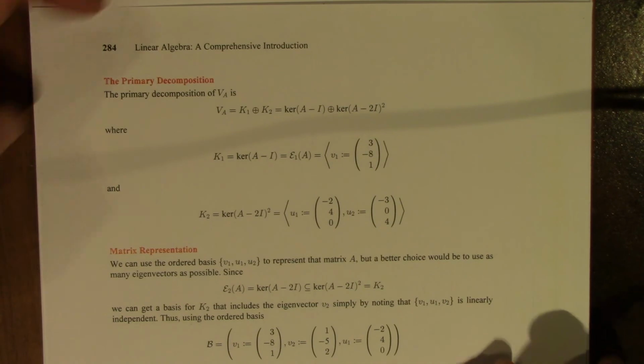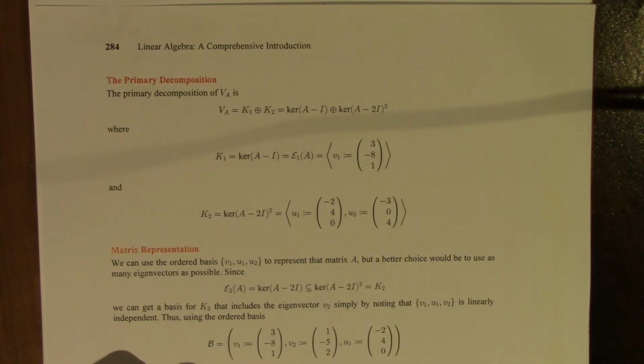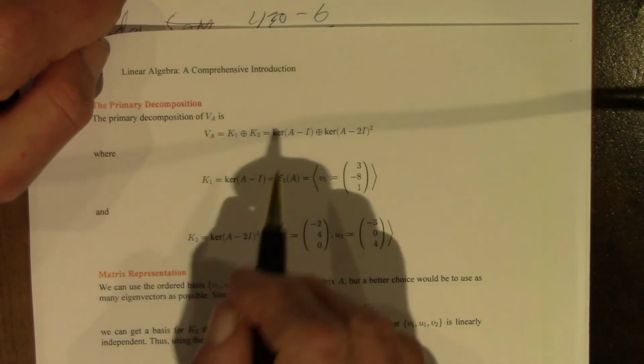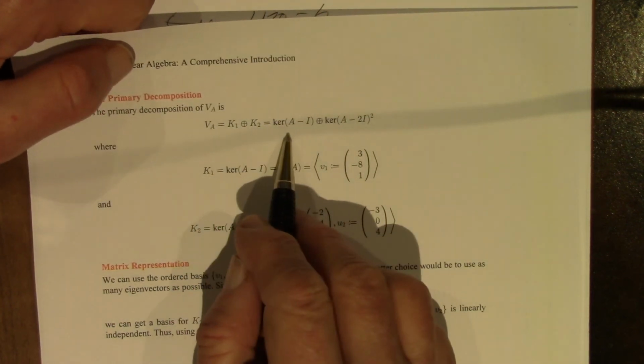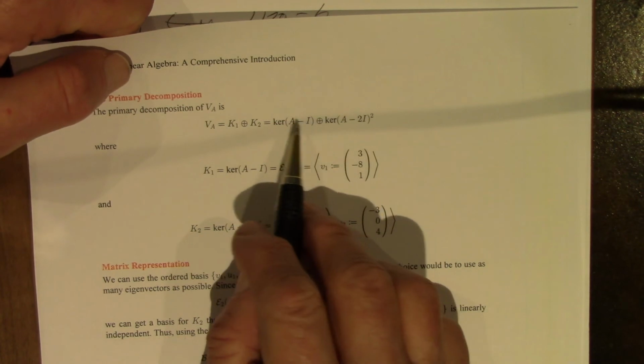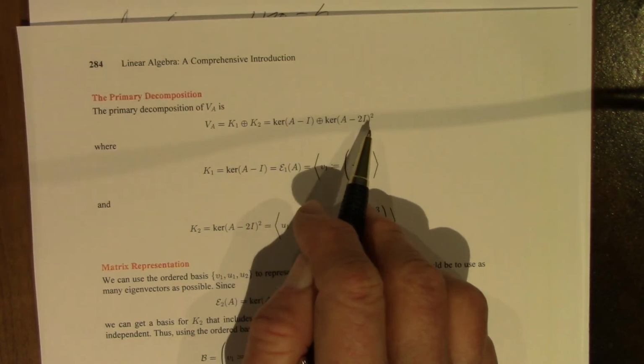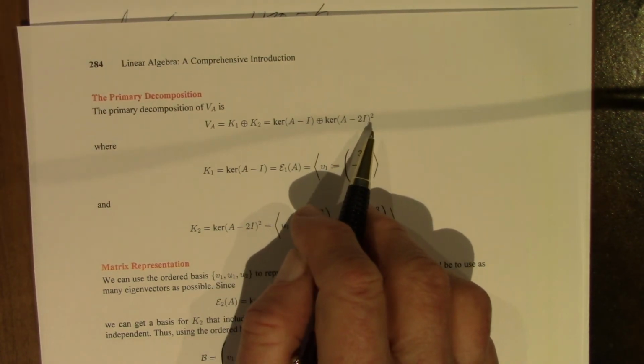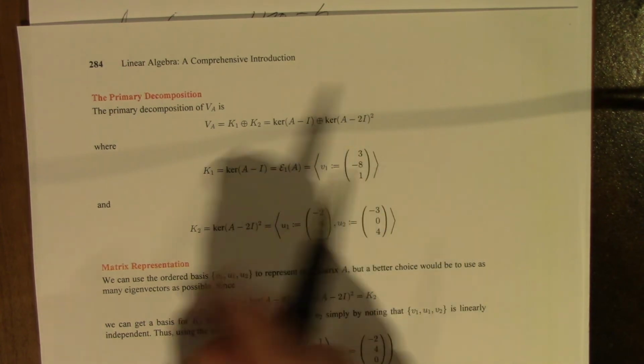This is the primary decomposition. The primary summands are these two kernels. They come from the factorization of the minimal polynomial, which again is the same as the characteristic polynomial.